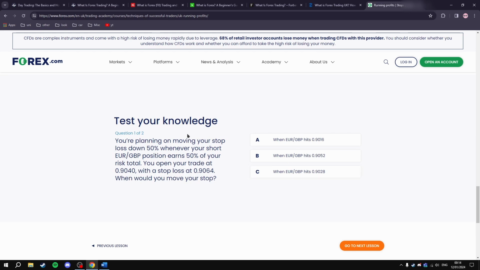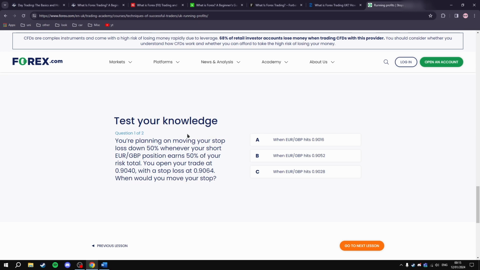You're planning on moving your stop loss down 50% whenever your short EUR/GBP position earns 50% of your risk total.